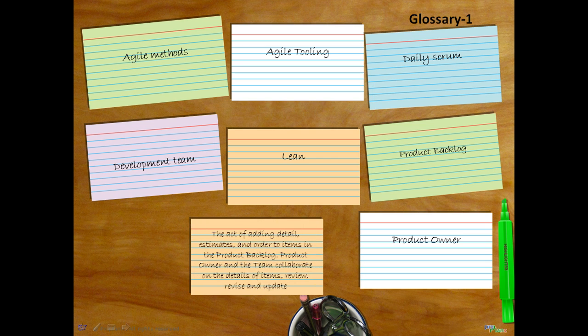Product backlog grooming, the act of adding detail, estimates, and order to items in the product backlog. Product owner and the team collaborate on the details of items, review, revise, and update.